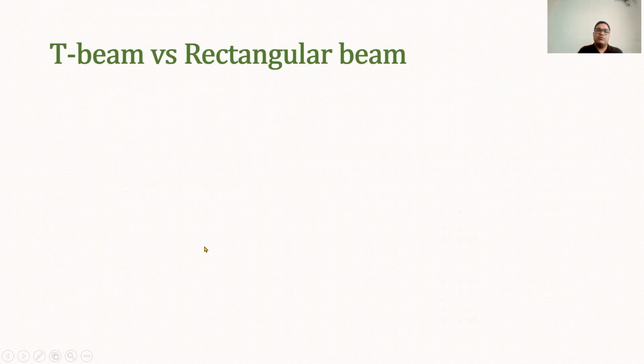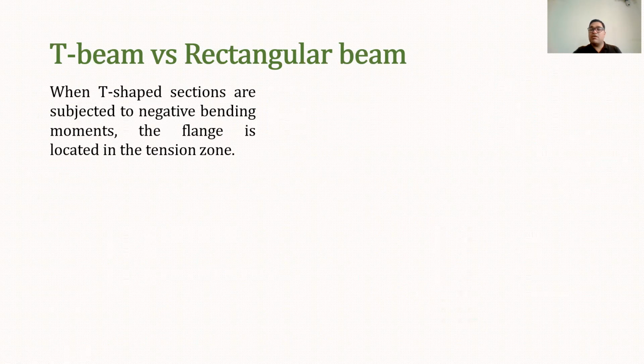Now, regarding the presence of T-beam and rectangular beam, we have to understand where we can consider our beam behaving as a T-beam and where we can consider our beam behaving as a rectangular beam. For that, I will show you a diagram with which we will try to understand in what portion our beam will be behaving as a T-beam, and in what portion it will be behaving as a rectangular beam.